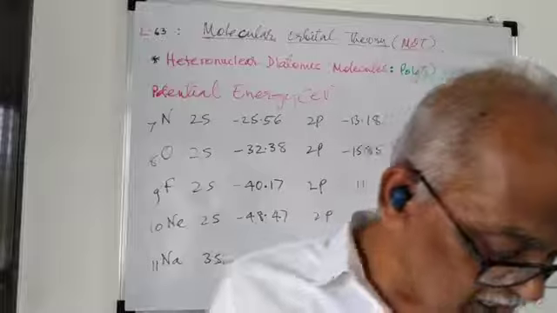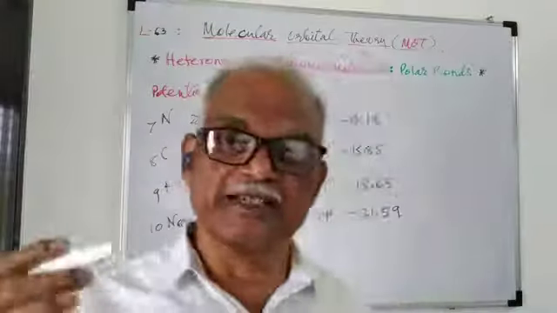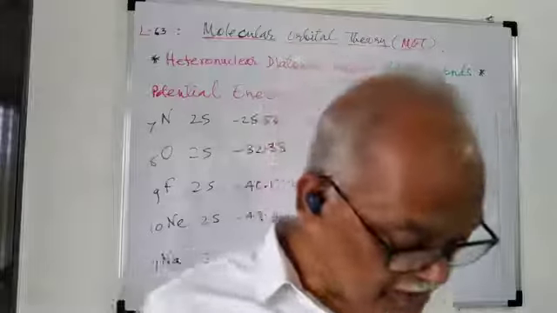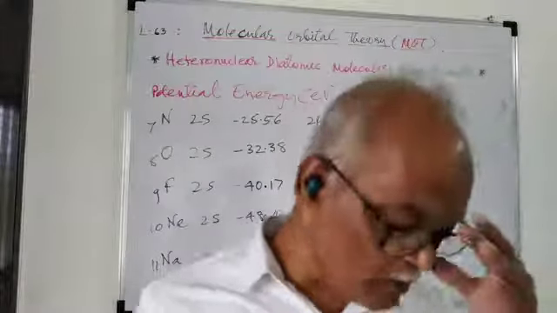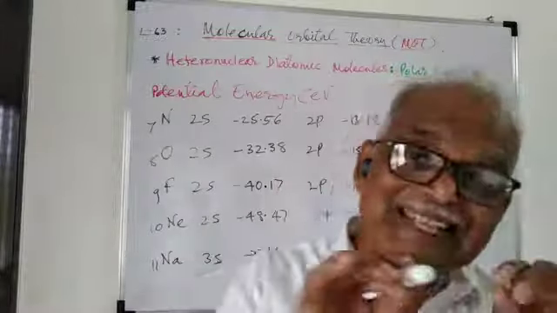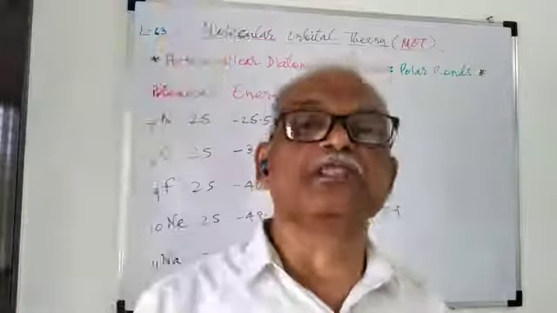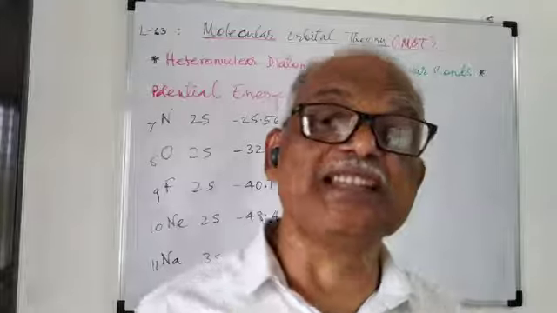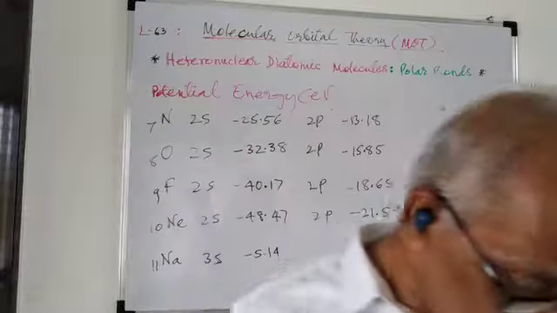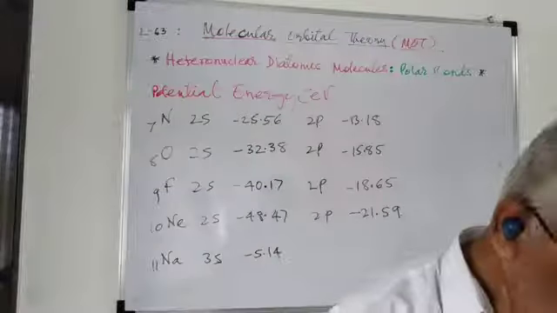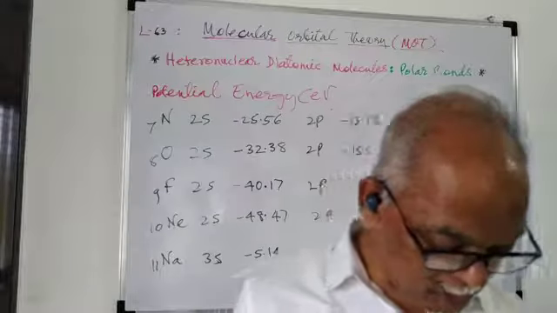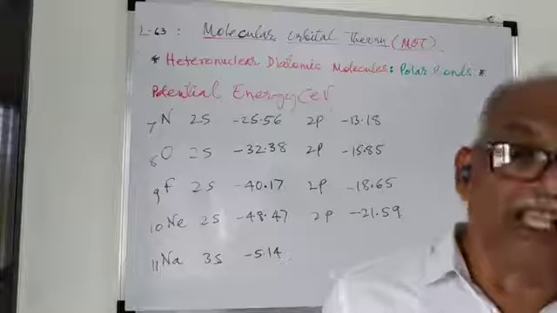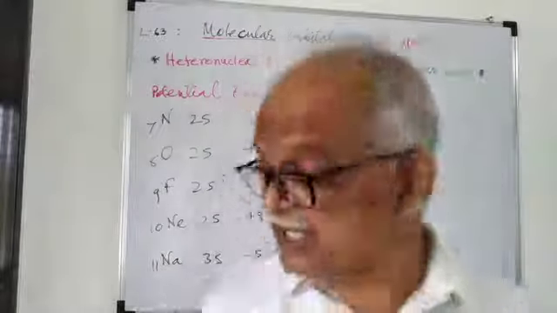There will be a gradual increase in the potential energy values with increasing atomic number, but within the same period. But if we go down the group, there is a decrease in the value because a new shell is added.